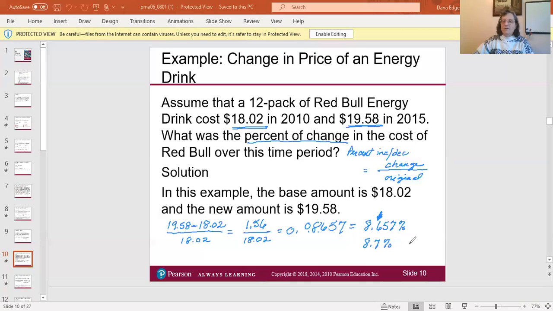So 8.7%. 65 is halfway between 60 and 70. However, they assume that there might be more beyond the 5. We only look at 1 space. So if it's a 5, they round it up. So this would essentially round up to 70, which is going to just be written as 8.7.